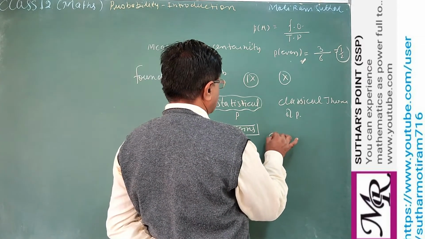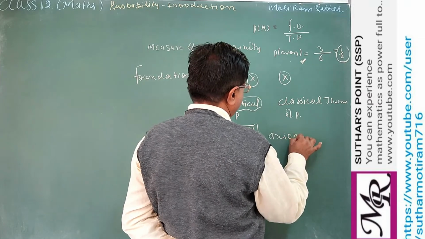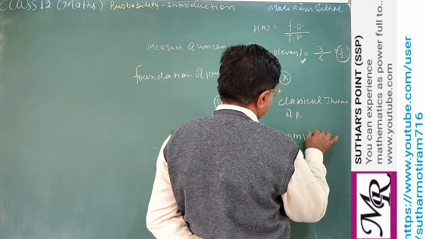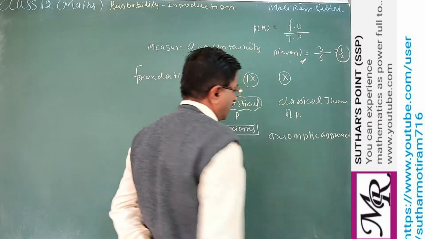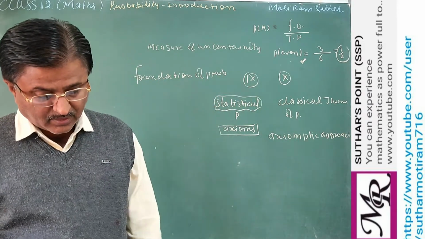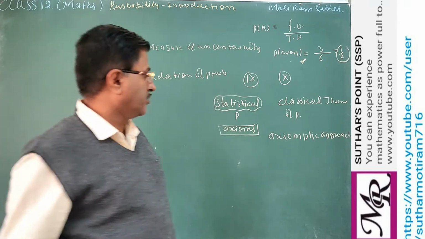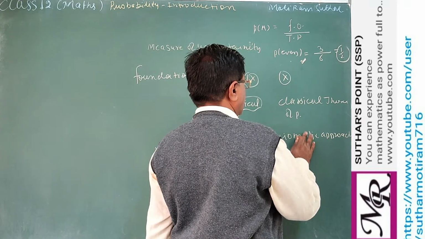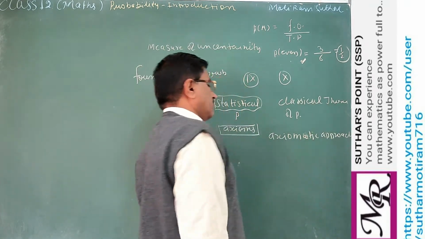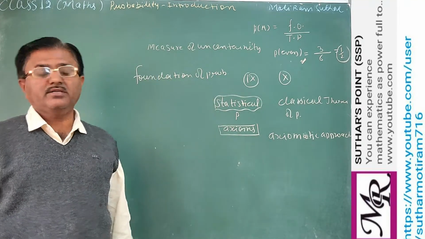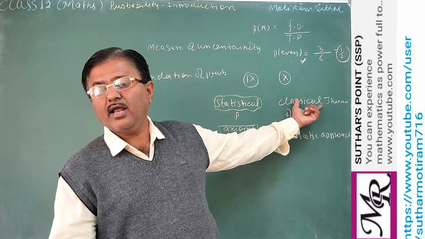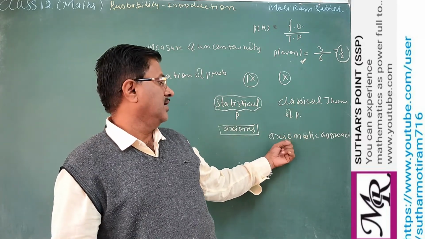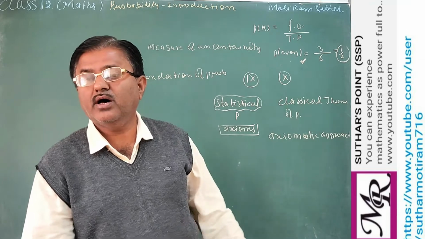So the third one is the axiomatic approach of the probability. So this is the 9th class approach, 10th class approach, and now we have to see a more advanced theory of the probability.